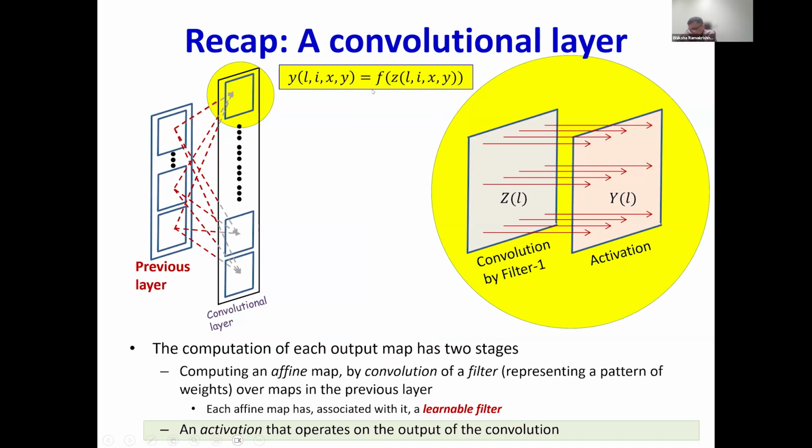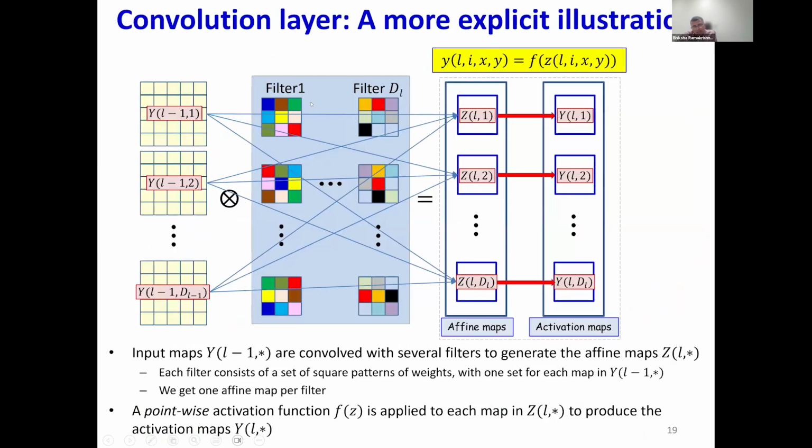To that, you apply some activation function f, and that gives you the corresponding xyth element of the ith channel of the Lth layer activation map. More explicitly, if you wanted to see how the computation was performed, every one of the input channels was used in computing every one of these affine maps. But then each affine map contributed solely to the computation of the corresponding activation map.